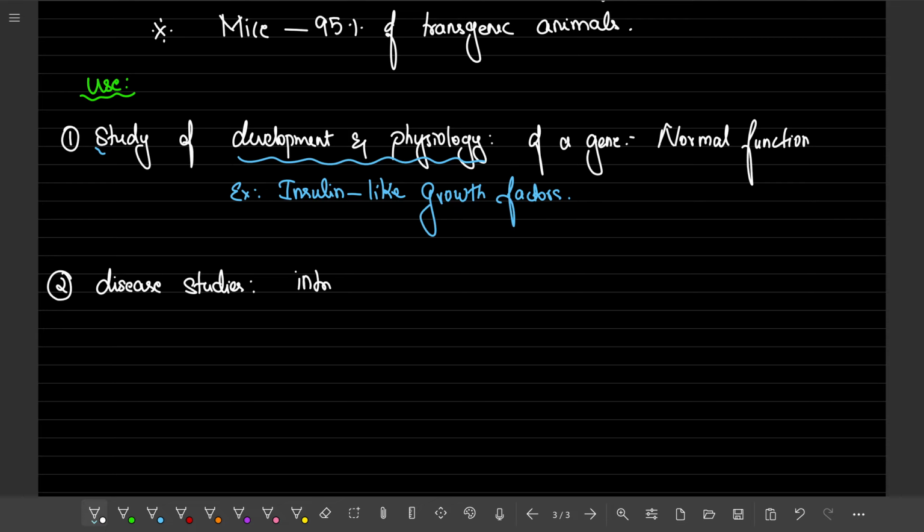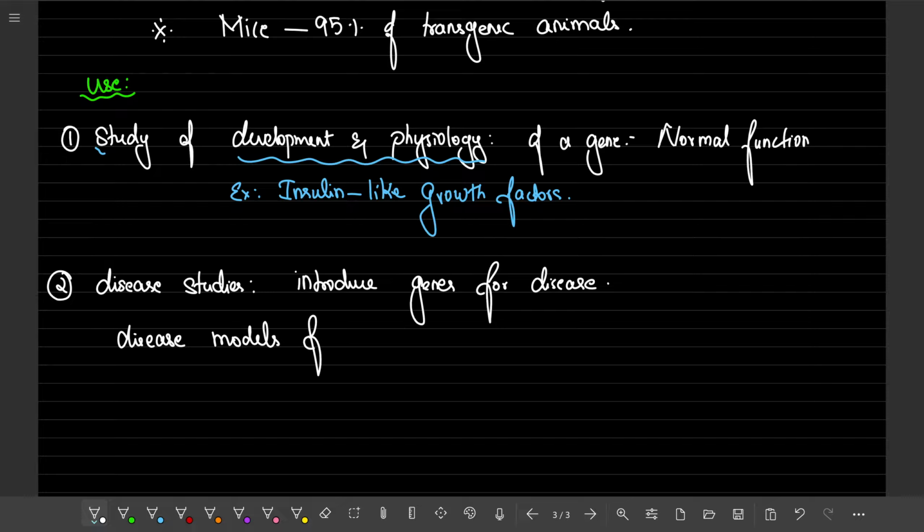Alright. So next is disease studies. Means what? We are going to introduce the genes for diseases and we are going to study it in these organisms. Such are called disease models. So such disease models are available for what type of conditions?